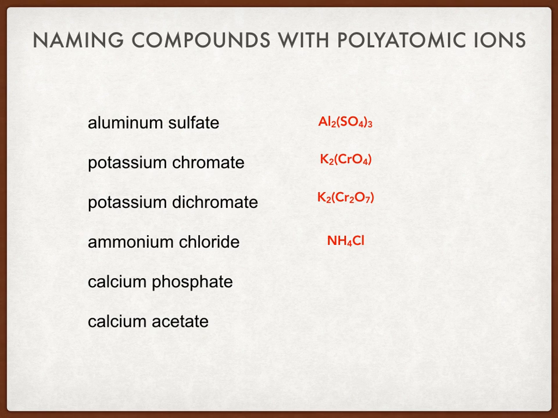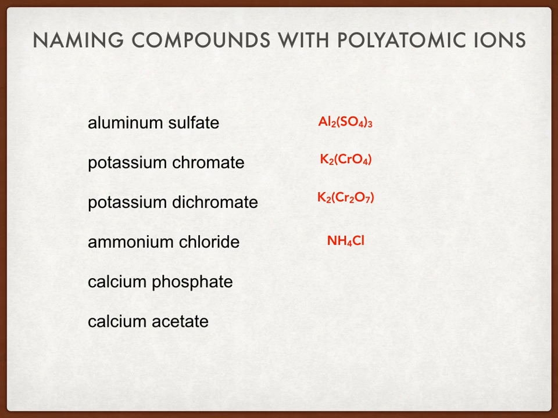Calcium phosphate. Calcium is +2, second column of the periodic table. Phosphate carries a 3- charge. So if we have a +2 and a -3 and we need it neutral, our common denominator is 6.